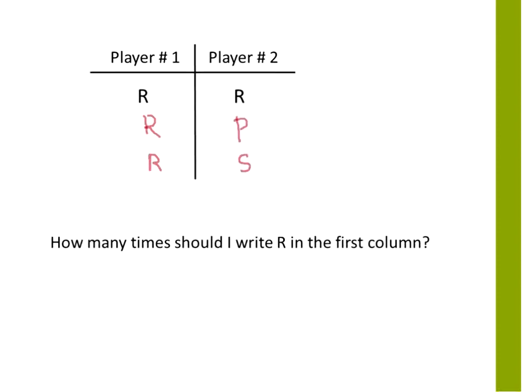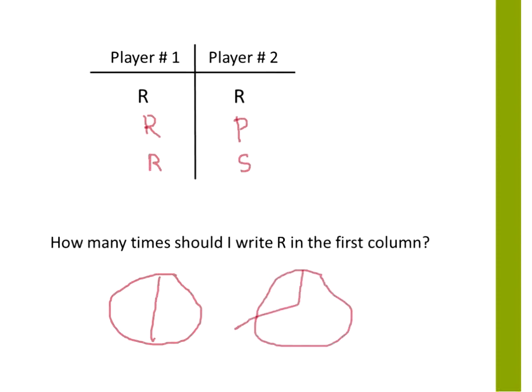Now, this may seem like a trivial thing, but I've seen even teachers, so I'll give you another example. Suppose you've got 2 spinners, and each spinner has different colors on it, let's say. And suppose on the first spinner you've got red and green. And then on the second spinner you've got 3 more colors. I sometimes ask teachers, if you were making a list, how many times would you write red?